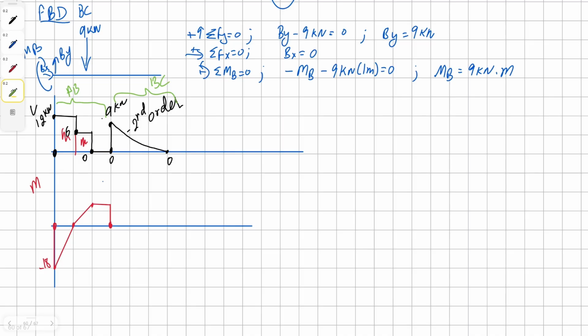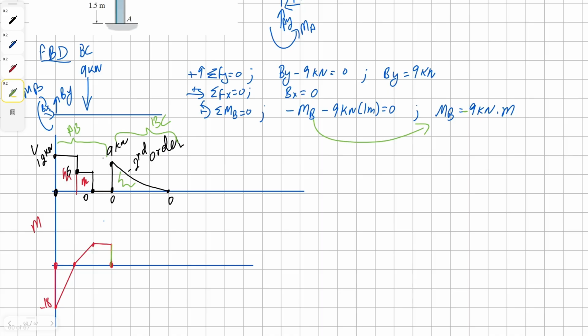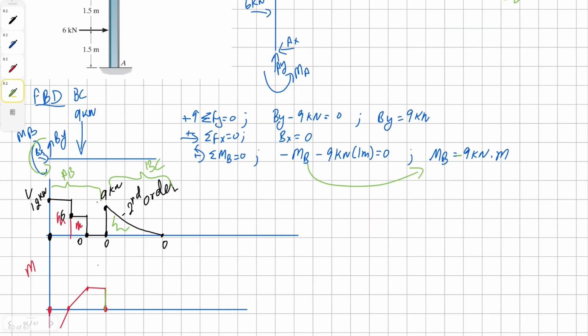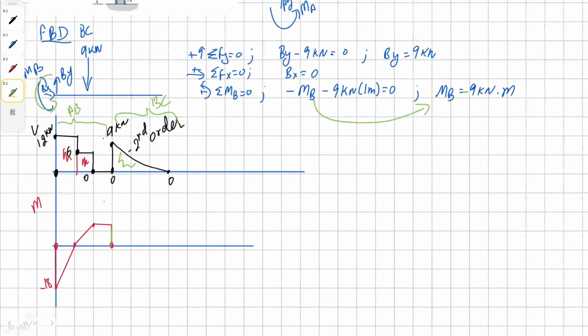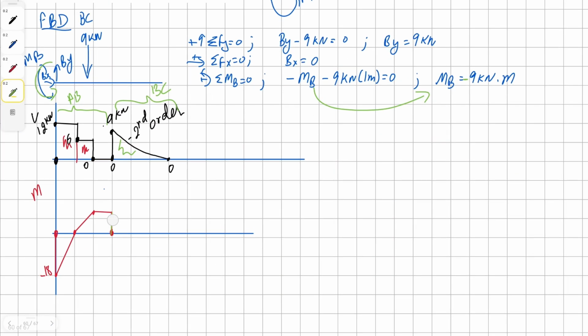So we have clockwise moment B, and moment B was 9, so we're going to go up 9 again, and from there we have this second order curve. Just notice this moment B should have been negative here, so this will be counterclockwise, this will be clockwise, that means this will be 36, and that would mean we'll have to redo our moment curve.